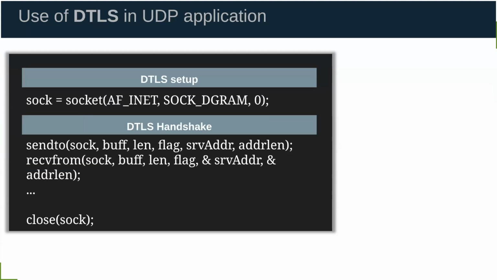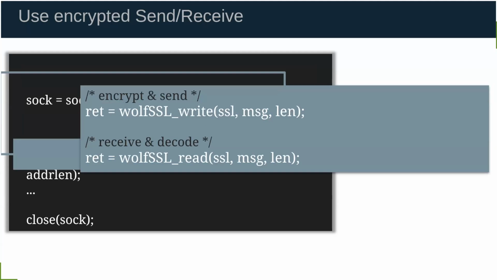As with send to and receive from, we are on a datagram socket, so there is no guarantee that this data gets delivered, and there is no guarantee that the message arrives in order, that the order is preserved between the sending and receiving.